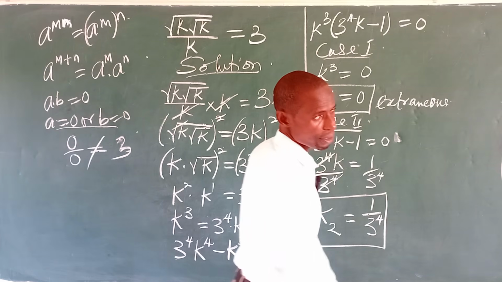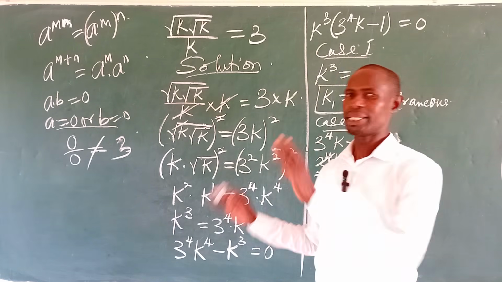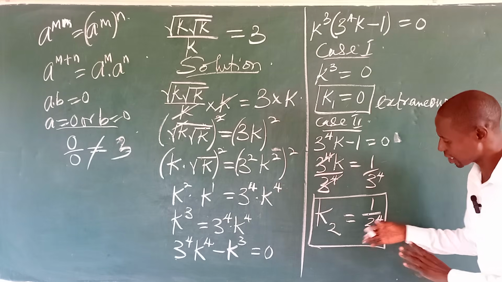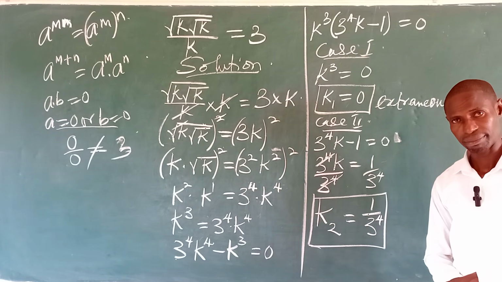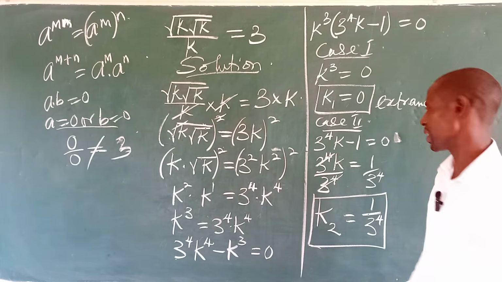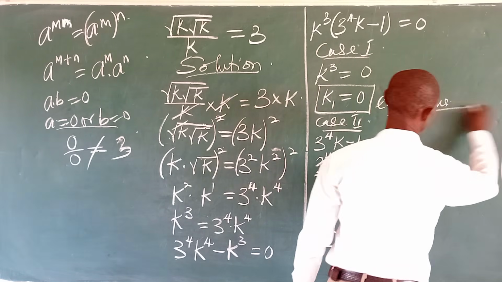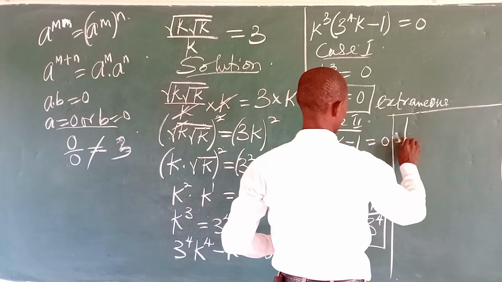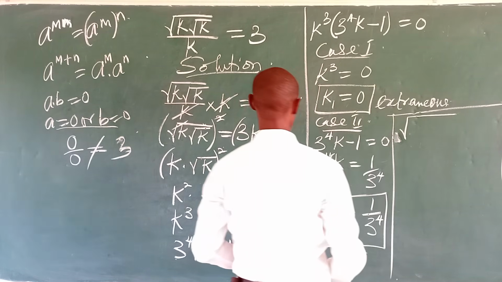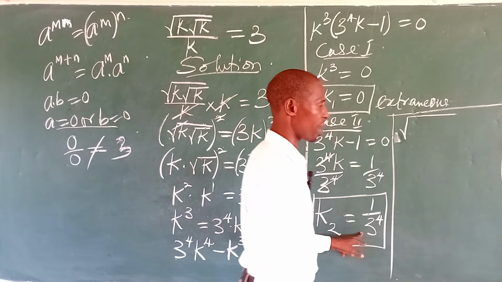All right. So the question now is, does this root, this solution, actually satisfy the original equation? Yes, it does. But let's show it. Let's take our proof on this other side here. Our original equation is this. Wherever we see our k, let's put in 1 all over 3 to the power of 4.